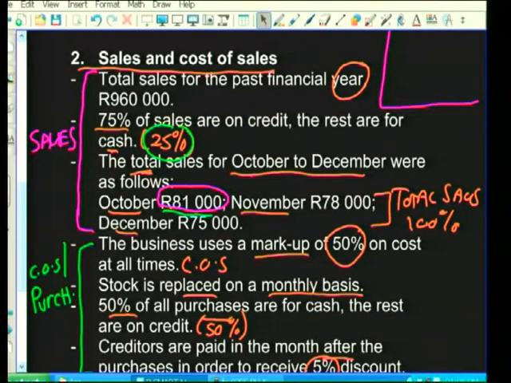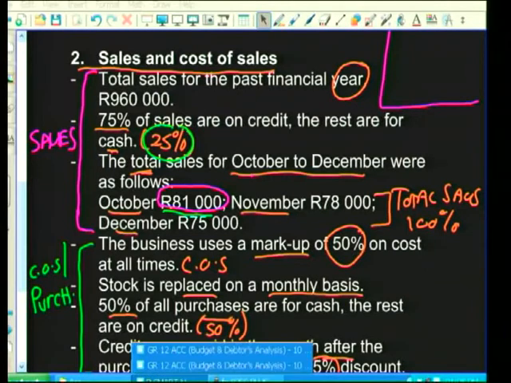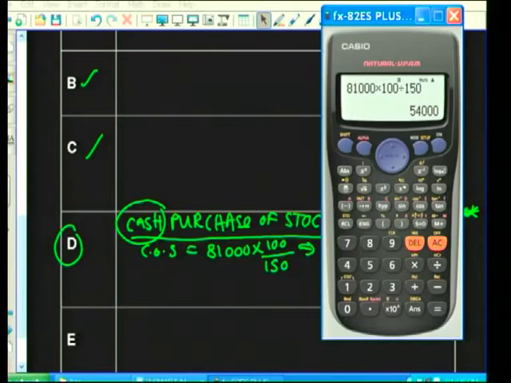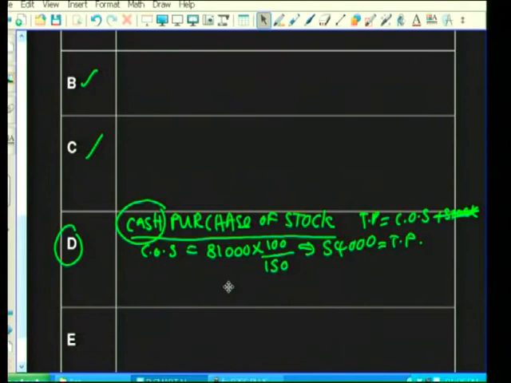There we go. So simple. Back to my answer sheet. I've got my total purchases, 54,000, and I simply need 50% of that. My cash purchase for the month is 27,000.